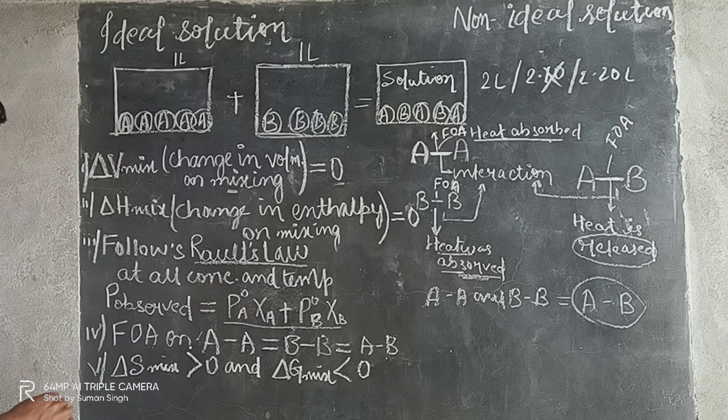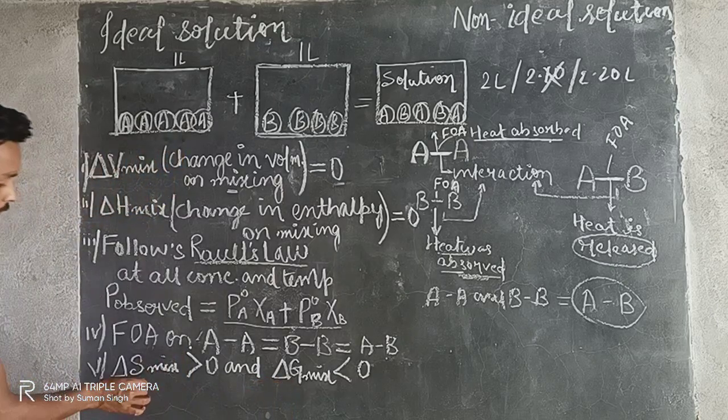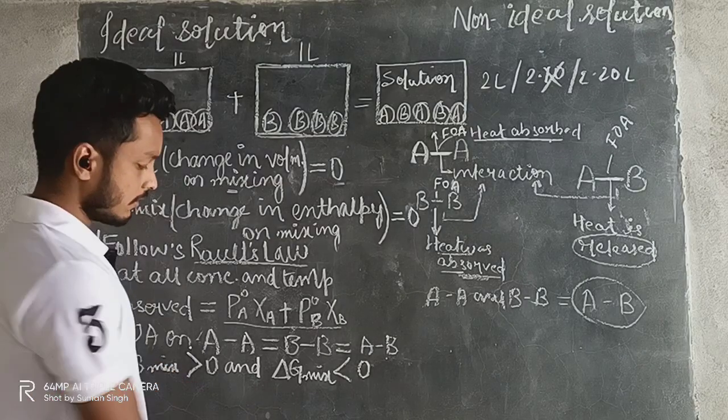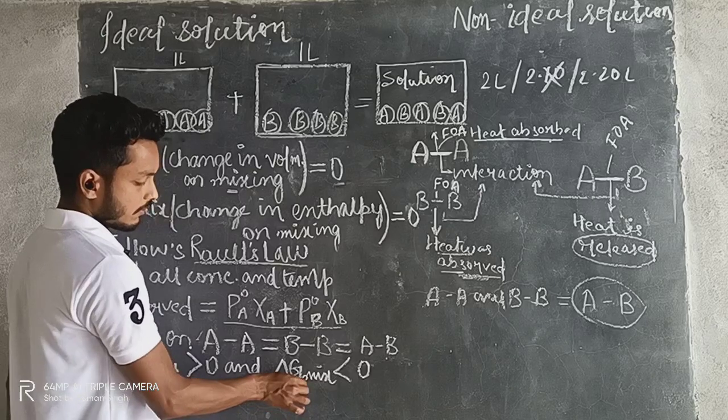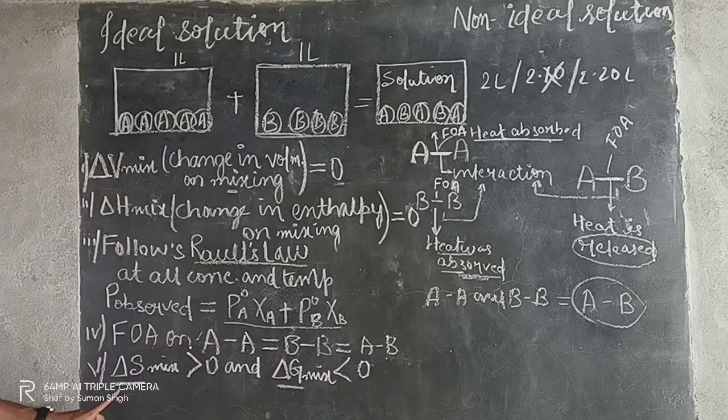Now, the fifth term I think you are seeing here, del S mixing and del G mixing. Del S mixing is what? Entropy, which we have learned in thermodynamics in class 11. And del G mixing gives free energy. This one also we have discussed, right? In section A, I think I have taught this thermodynamics.